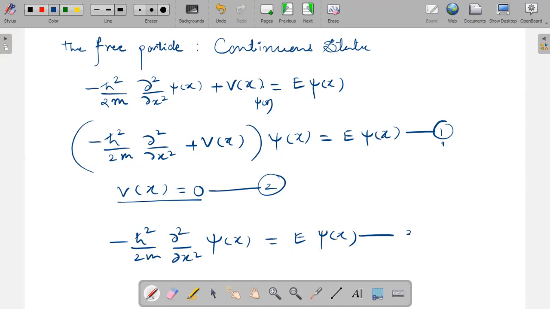That is equation number 2, because V of x equals 0.